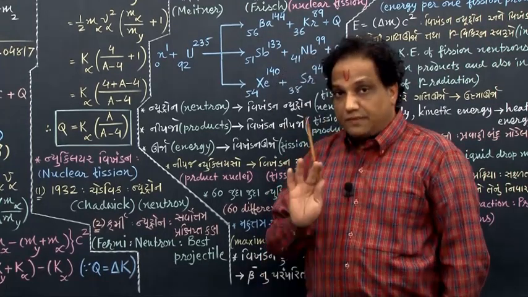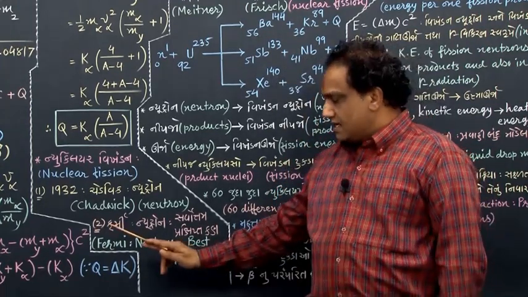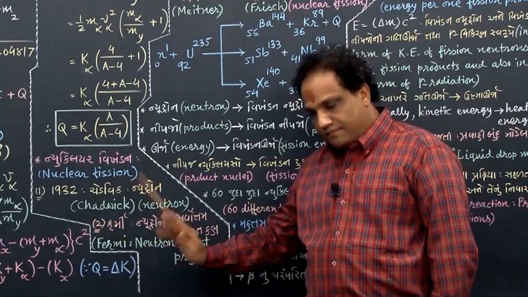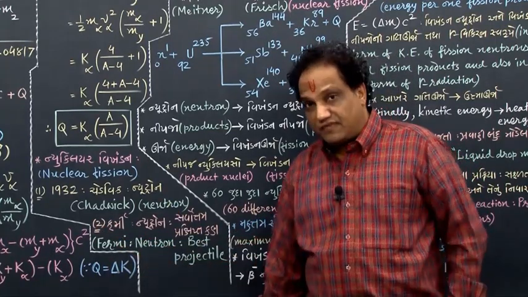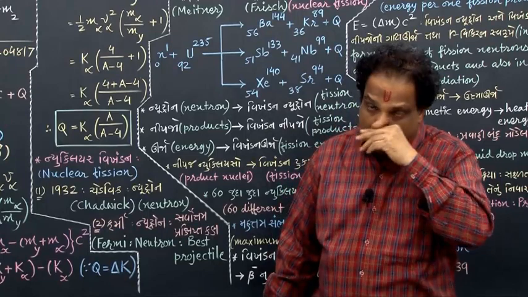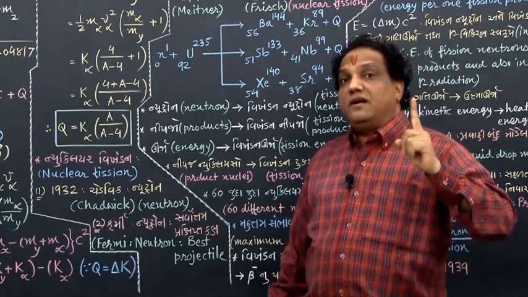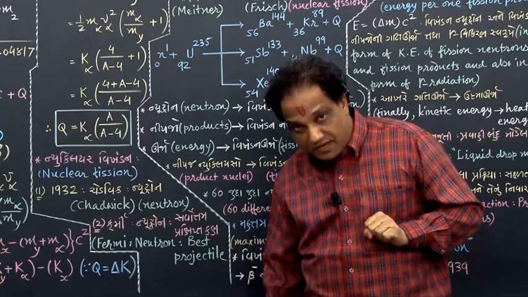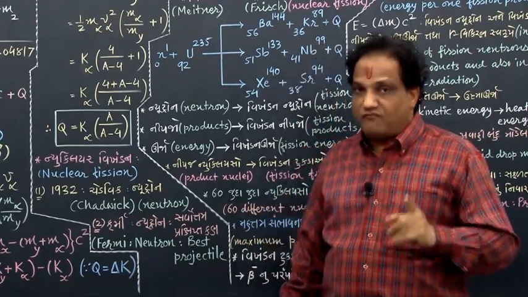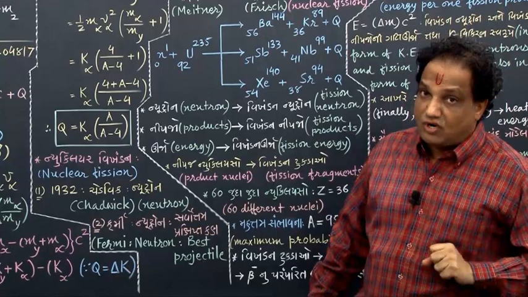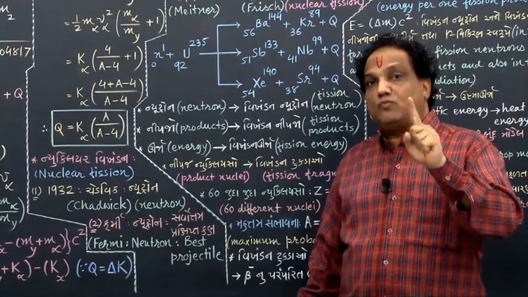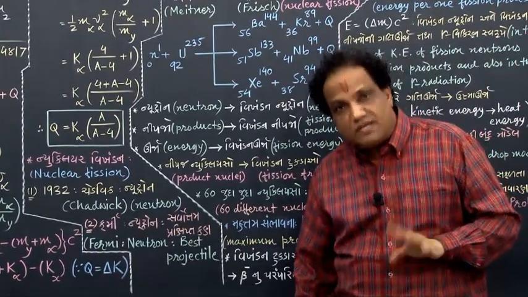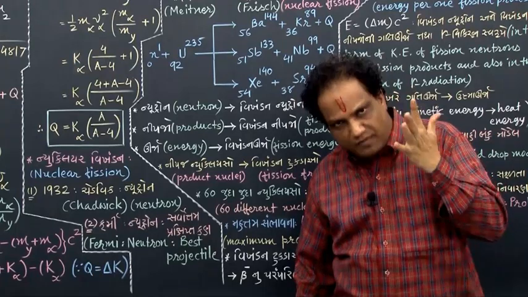Then, at a later time, there was a scientist named Mr. Fermi, in memory of whom we have named a very short unit of length, 10 raised to minus 15 meter, known as 1 Fermi.